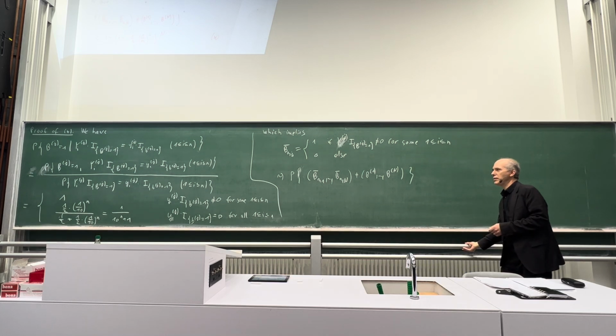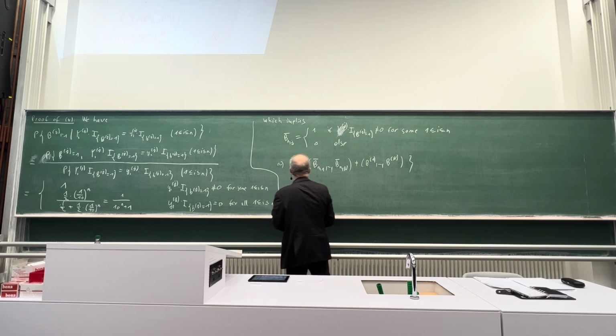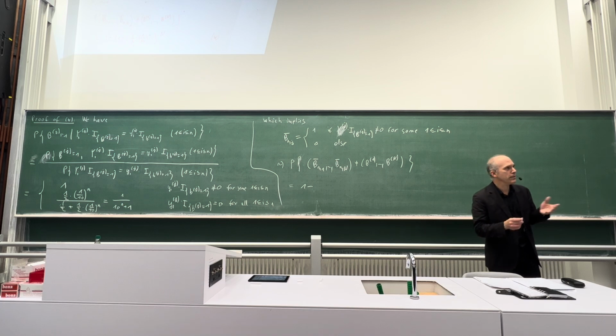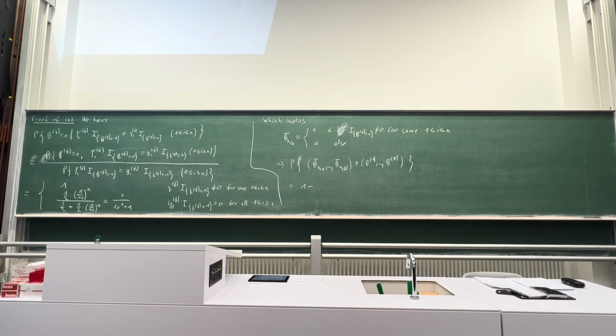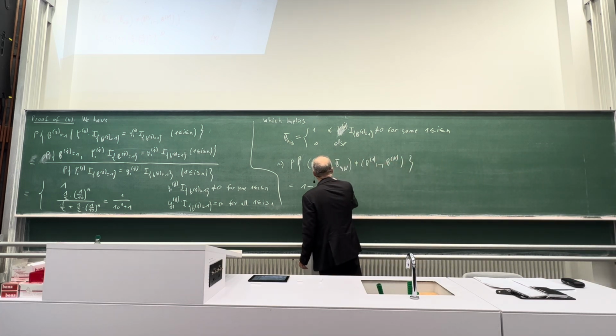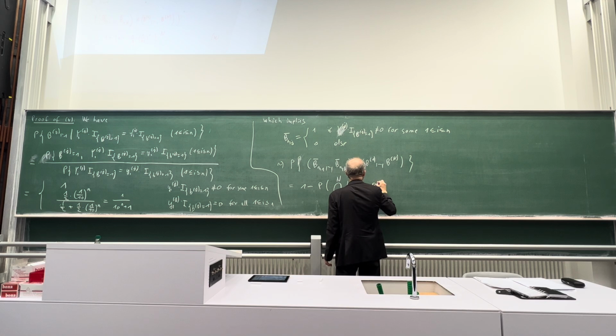I compute this probability by saying, okay, that's 1 minus the probability of the complement. And the probability of the complement just means that they are equal, so these two vectors must be equal, so all components must be equal. I write this as an intersection, j equal 1 to n, of Bn j bar equal to bj.